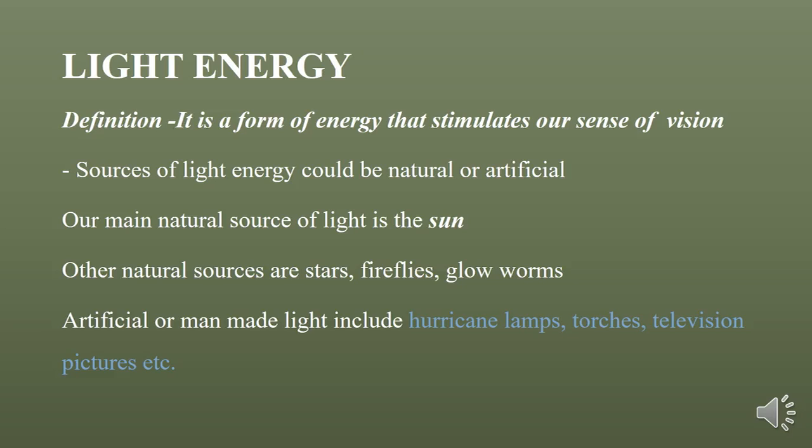Our main natural source of light is the sun, while other sources include the stars, fireflies, glowworms, and the likes. Artificial or man-made light include the hurricane lamps, torches, television pictures, and so on and so forth.